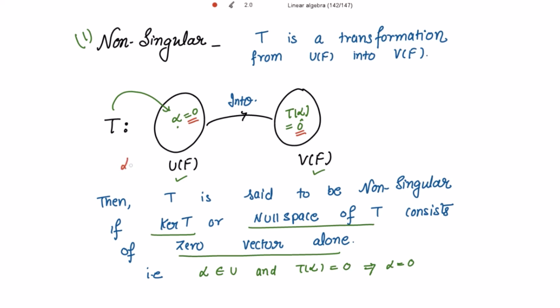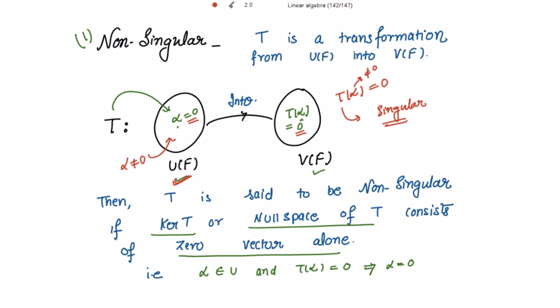Suppose we have alpha to be non-zero in this U. If a non-zero alpha belongs to U, and when applying T on this non-zero alpha, this value is equal to 0, then we say that this T is singular. Please remember, for the non-singular transformation we have alpha to be 0, but for the singular transformation this alpha should be non-zero in this U(F).